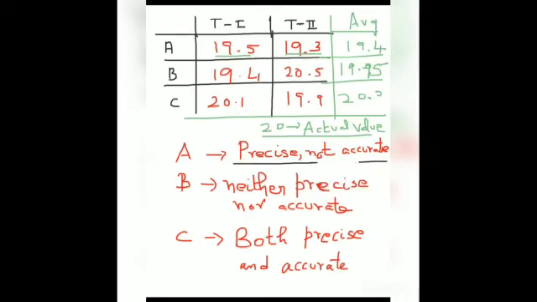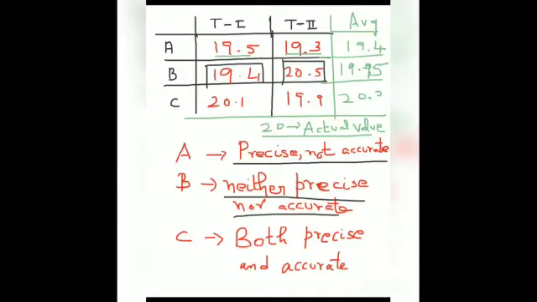In the case of B, the values are 19.4 and 20.5. These are far away from 20, and also not close to each other. So these values are not precise and also not accurate.